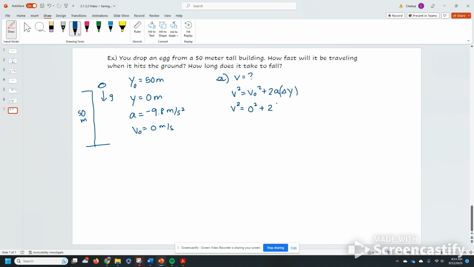So 2 times negative 9.8 times final minus initial position. So then to solve for v here, let's take a square root of both sides. The negatives should cancel here, so v is going to be the square root of 2 times 9.8 times 50, which gives us a velocity of 31.3 meters per second.